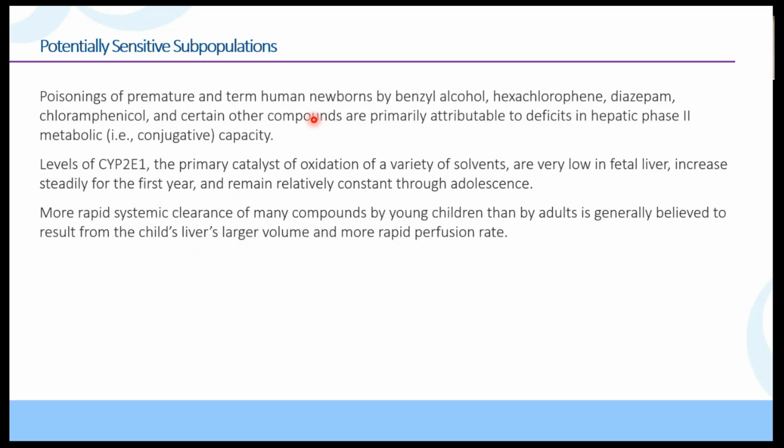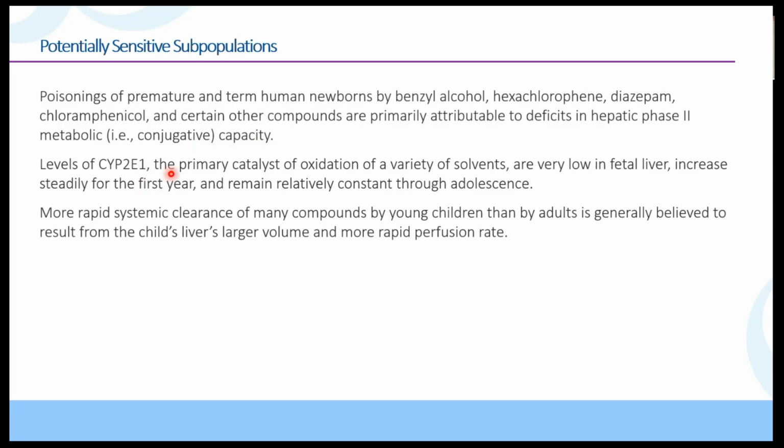Then poisonings of premature and term human newborns by benzyl alcohol, hexachlorophene, diazepam, chloramphenicol, and certain other compounds are primarily attributable to deficits in hepatic phase 2 metabolic, that is, conjugative capacity.